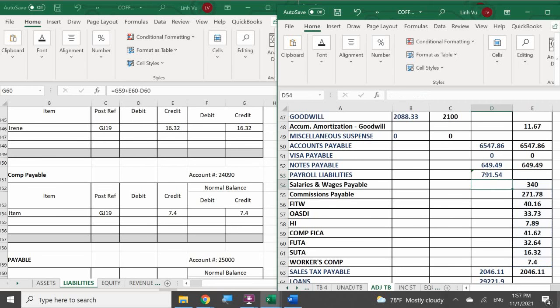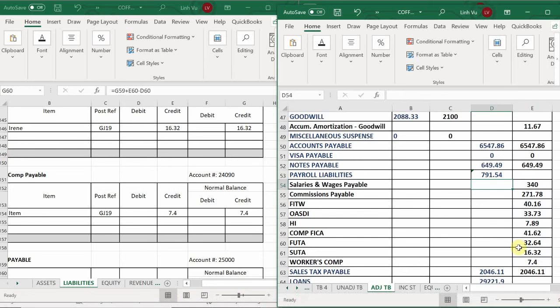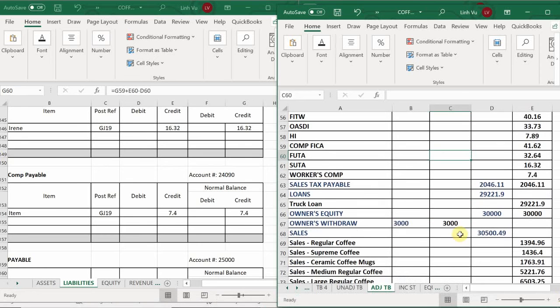So now I have a total of $791.54 worth of payroll liabilities. Before it was 170 something. Now, because I inserted $340 for the payable and then 200 for the commissions, it increased to 700 now. So we can skip all that.